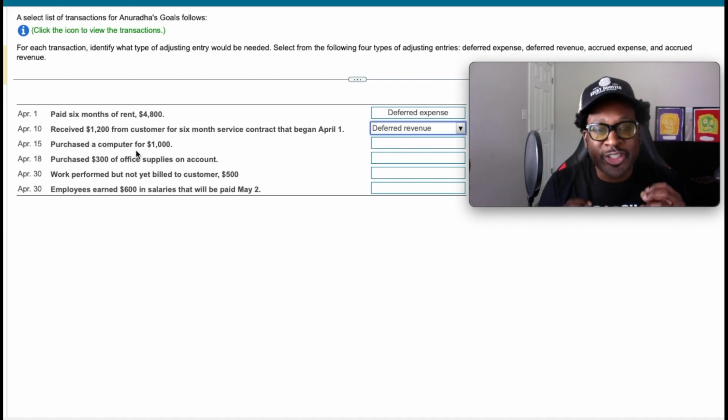Next, purchase a computer for $1,000. Again, this particular computer that we are purchasing, we're going to consider to be a long-term asset. Why? Because we expect to use it longer than a year. Now, as time goes on, this asset's value, because we're using it up, should be depreciated.